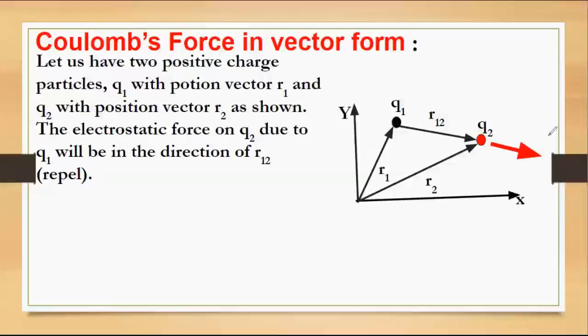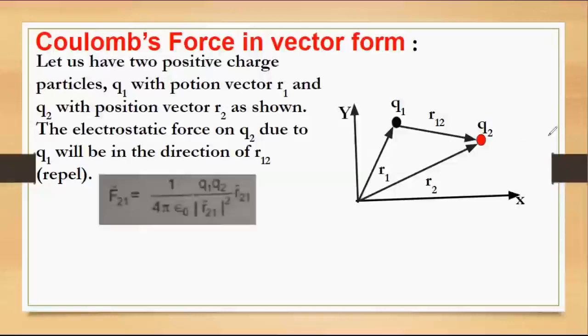So the force will be what? This is read out as force on 2 by 1. F21 means force on 2 by 1: 2 is experiencing, 1 is giving. This part is Coulomb's constant. F21 is equal to, first of all, it is in vacuum, I am assuming, so it will be 1 by 4 pi epsilon naught.